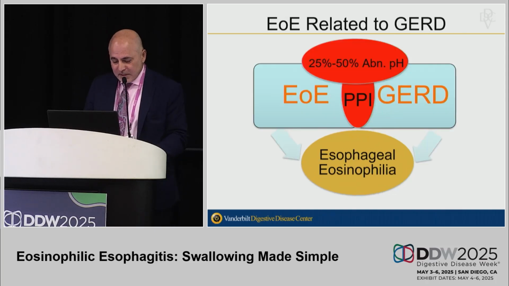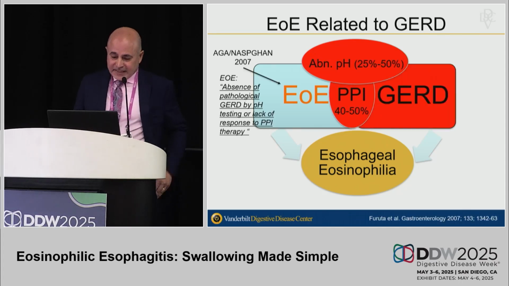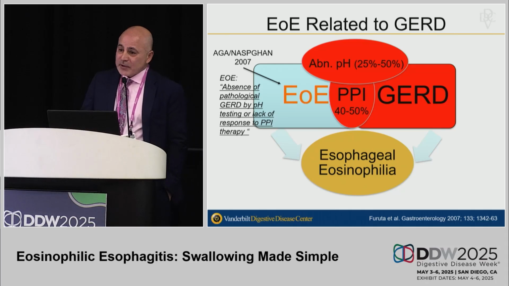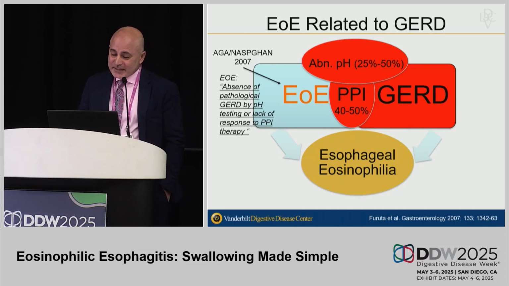So then we know that there's some PPI responsiveness to both. We know if you do pH testing, 25 to 50% of patients have abnormal pH. By the way, again, our pediatric colleagues were very helpful in showing us this in that group. So then we said, if that's the case, this is really GERD, so let's just say EOE is not those that respond to PPIs.